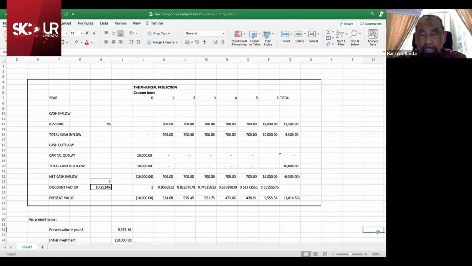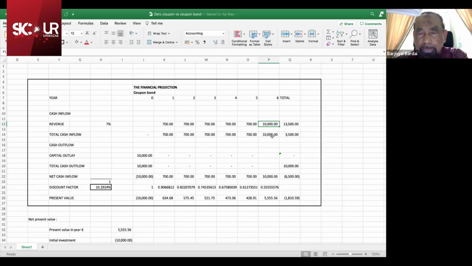And if we buy a coupon bond of 7%, so we pay here, say 10,000, or it can be 10 million. So every year we will get 7% of the 10,000, which is 700 for 5 years. At the end of 5 years, at the maturity of the bond, we will surrender the bond and get cash.